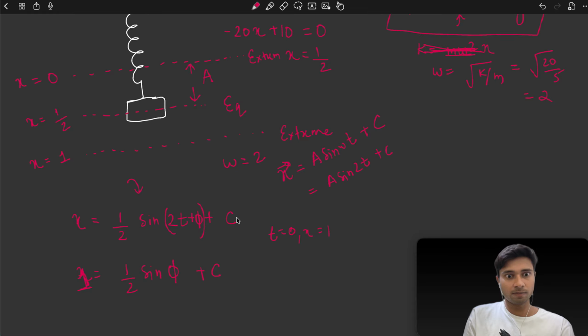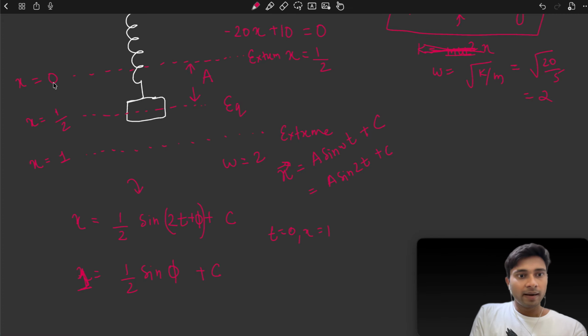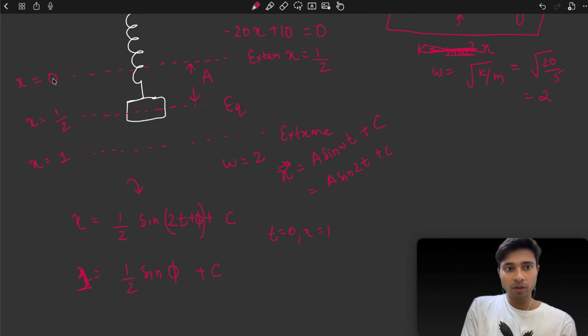Why? Because, okay, listen to me carefully. At some point x should be equal to 0, right? So the minimum value of this term will be minus 1, so the minimum value of this term will be minus 1 by 2.